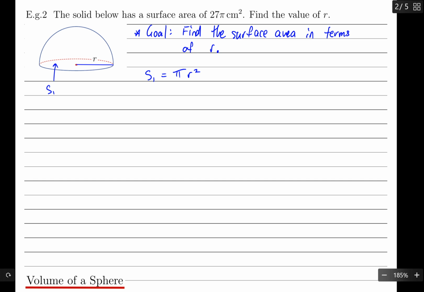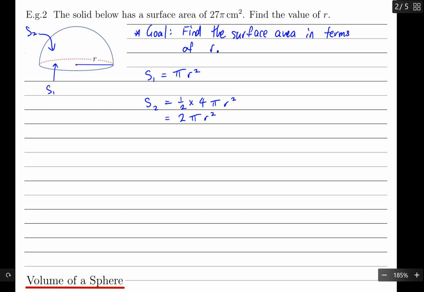And the curved surface up the top, the hemisphere, that type shape, we might call that S2. And S2, that's half of a sphere. So that's going to be a half of 4 pi r squared, which will be 2 pi r squared.